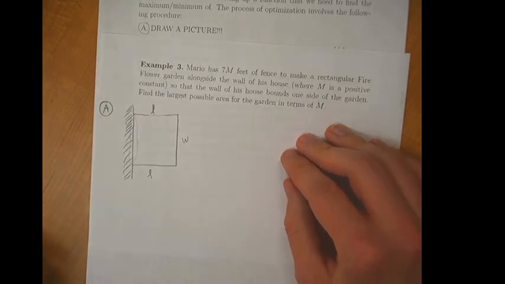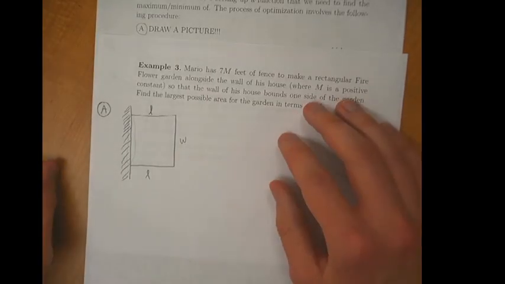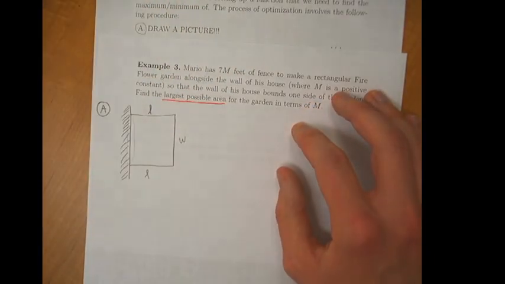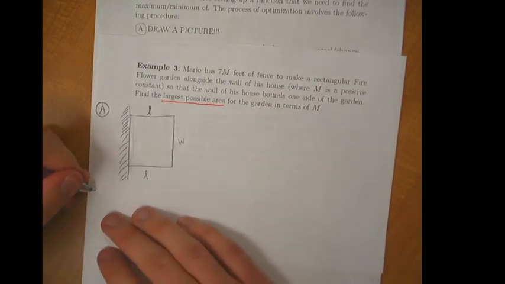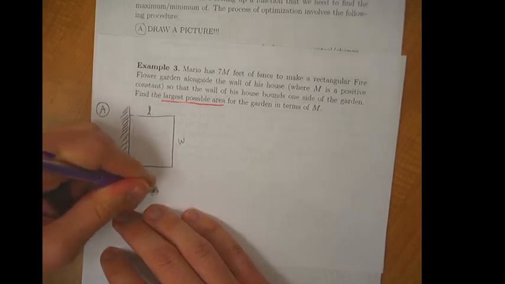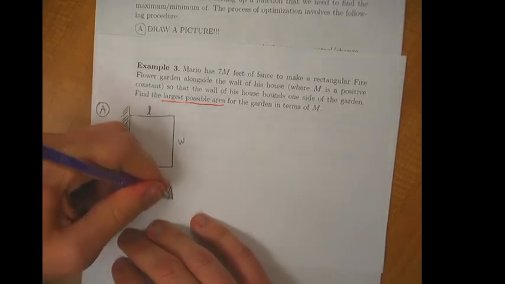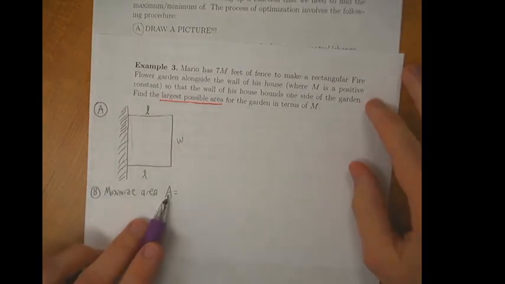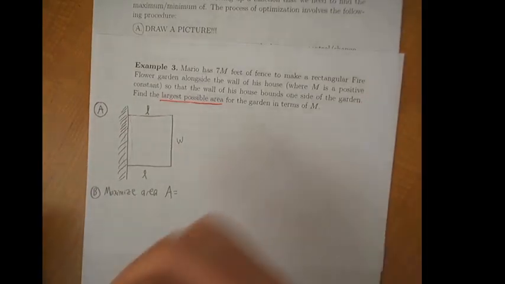Okay. So now, if we take a look at the problem, we have to find the largest possible area for this garden. So part B says we have to maximize the area A. In this case, if we take a look at the variables that we're given, that should pretty quickly tell you that our desired area can be expressed as what?